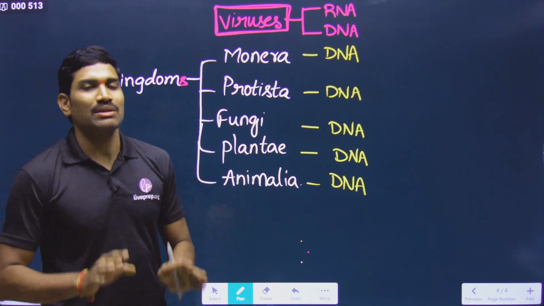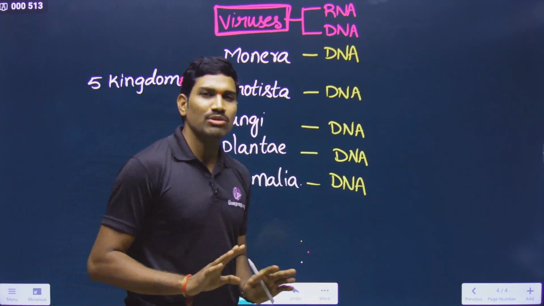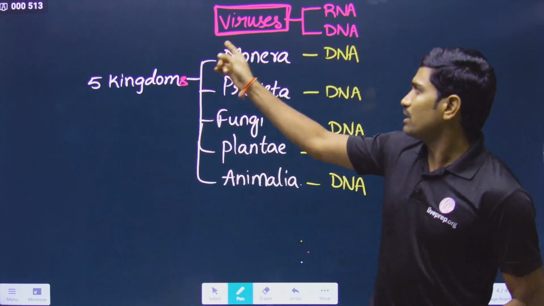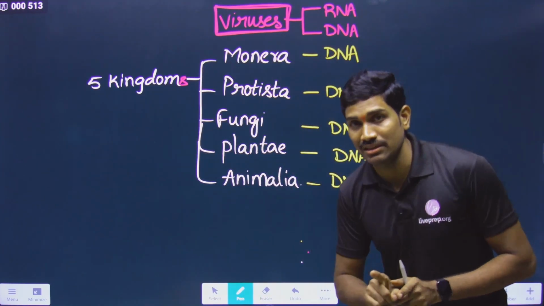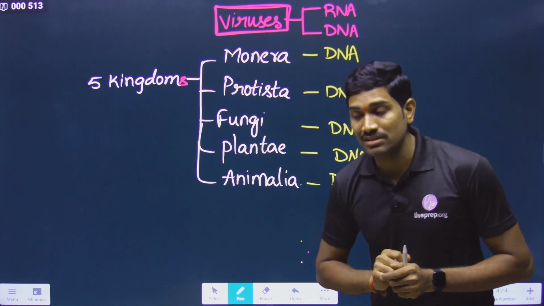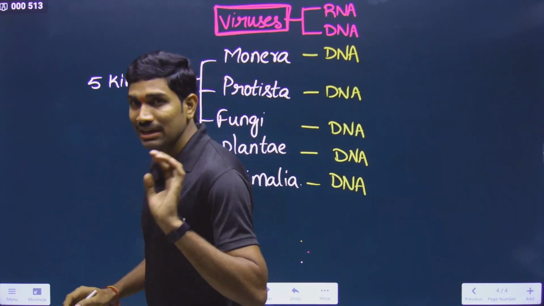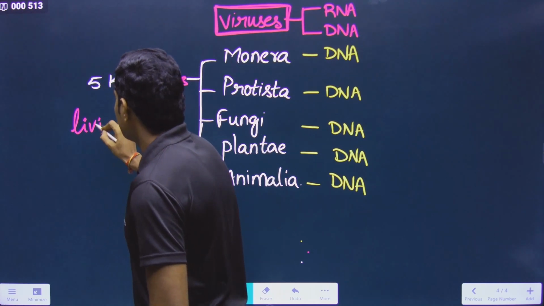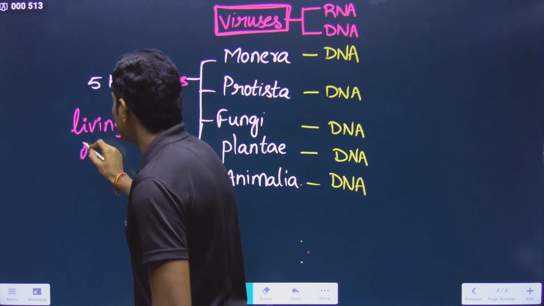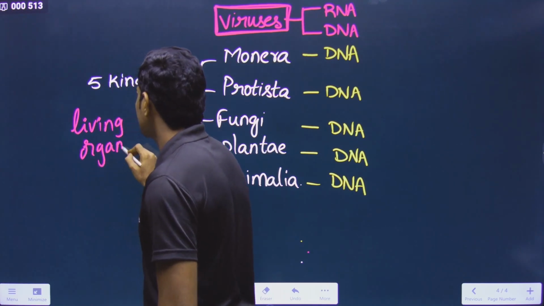This is the most important point you need to understand. Already in the cell chapter, class 11th, we have clearly studied all these things. I discussed very clearly regarding viruses in the cell chapter, cell theory. At the beginning of the cell chapter, they talk about the difference between living organisms and non-living things.